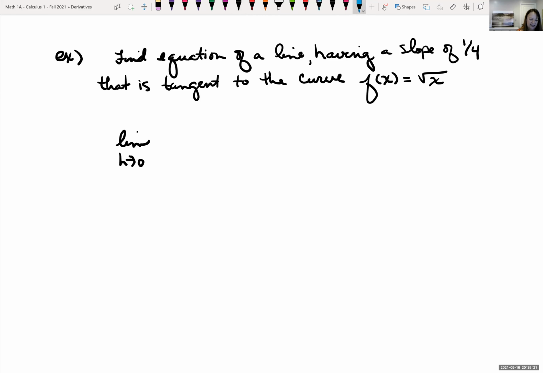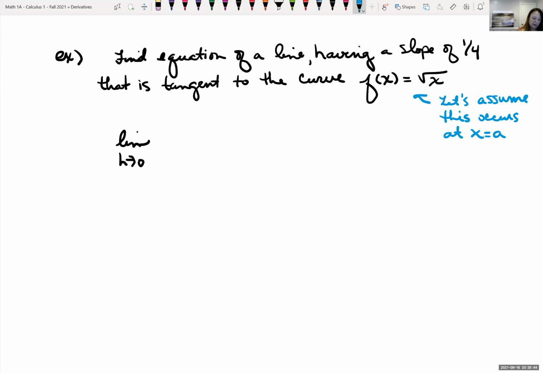Maybe we can say, let's assume this occurs at x equals a. We'll figure out what a is.